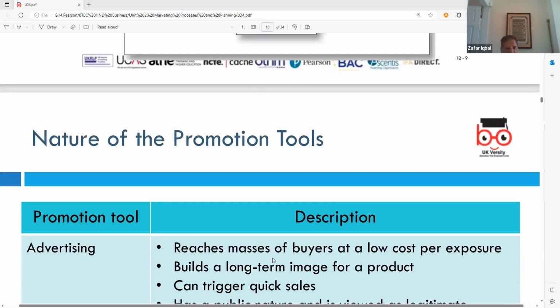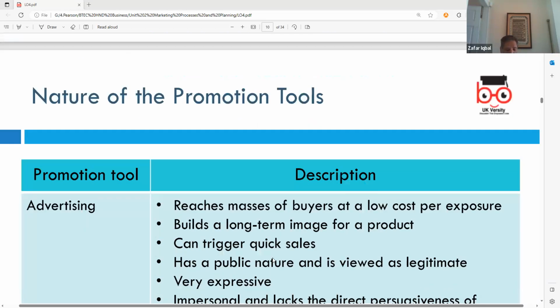Let's see what promotional advertising is, what it does, and how it's described. The nature of promotional tools like advertising is that it is used for a lot of buyers, so that it reaches a mass of buyers at a low cost per exposure.